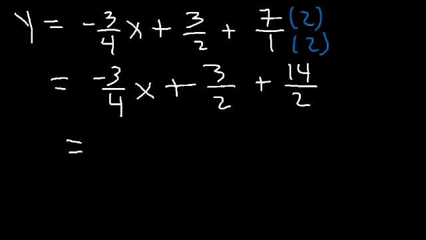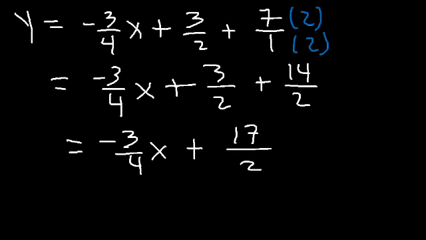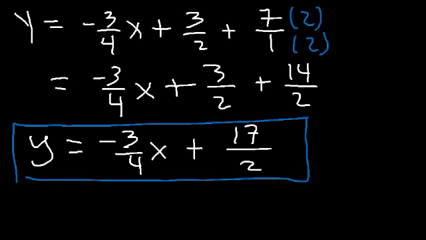So now that the denominator is the same, we can add the numerators of the two fractions. So 3 plus 14 is 17. So this is the answer in slope-intercept form. It's negative 3 over 4x plus 17 over 2.